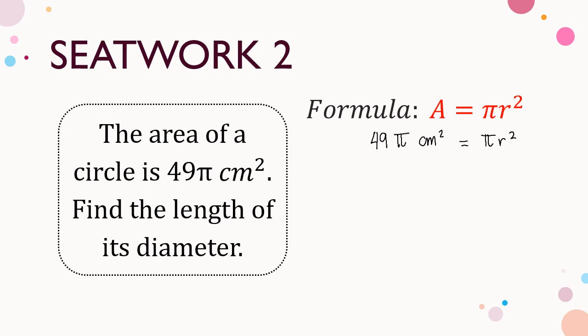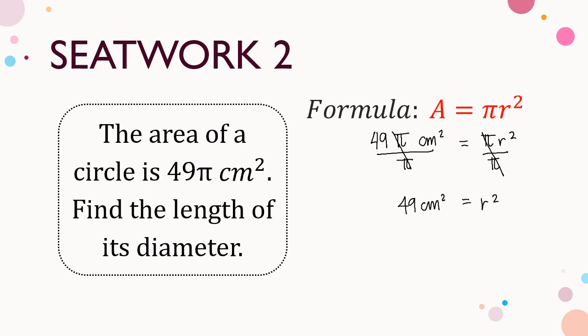Now, to isolate r, we can simply divide both sides by pi. Therefore, we have r squared equals 49 centimeters squared. Of course, this is not yet our final answer.